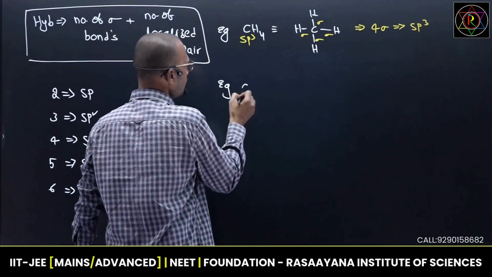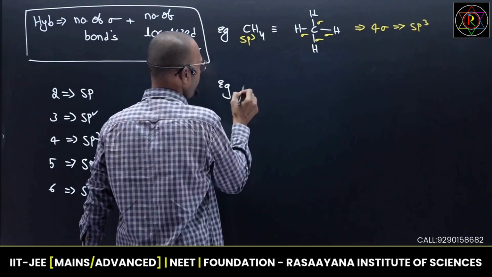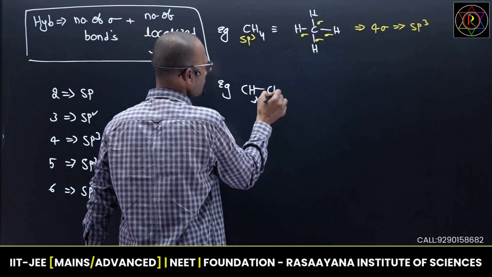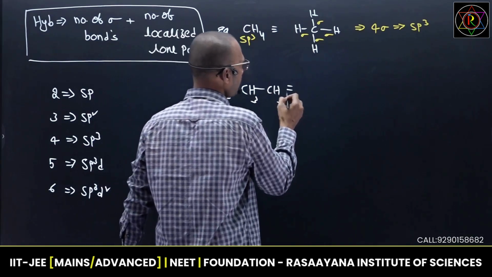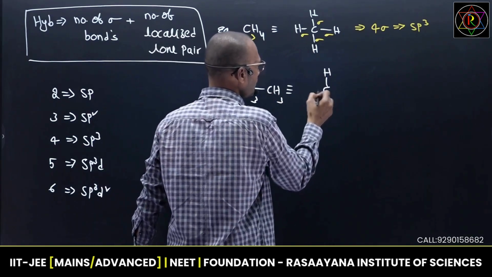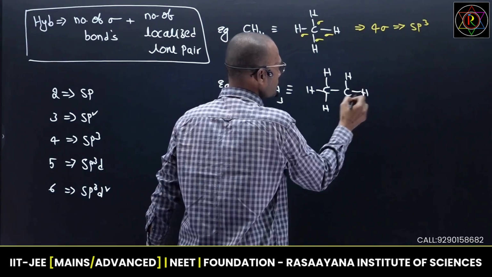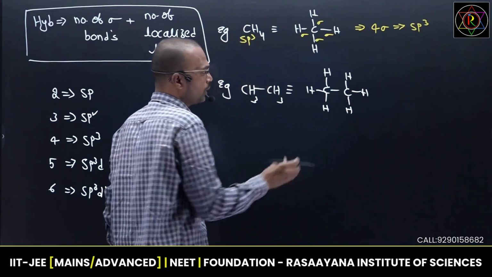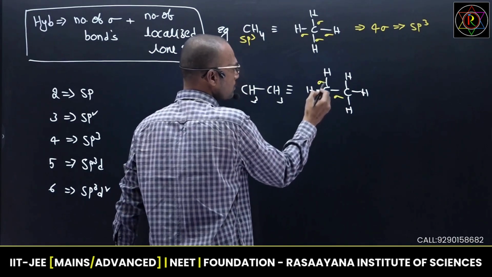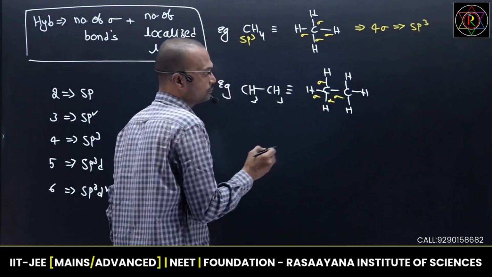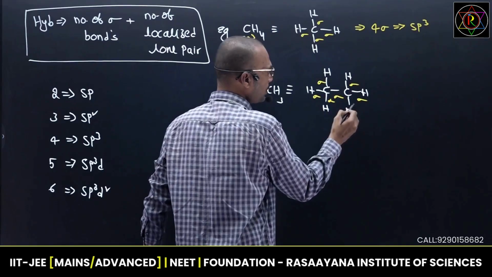Suppose I take ethane, CH3 and here CH3. Carbon having hydrogen. This carbon also has 3 hydrogens. Now around this carbon: sigma, sigma, sigma and sigma. And this carbon, already the sigma I wrote on the left side.